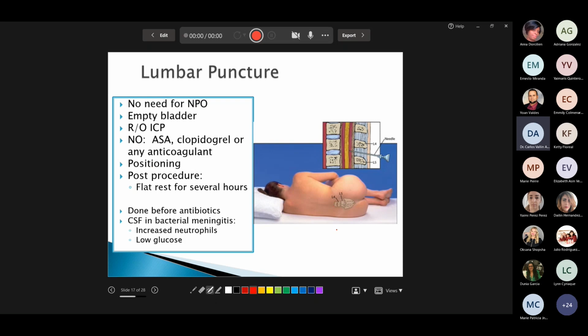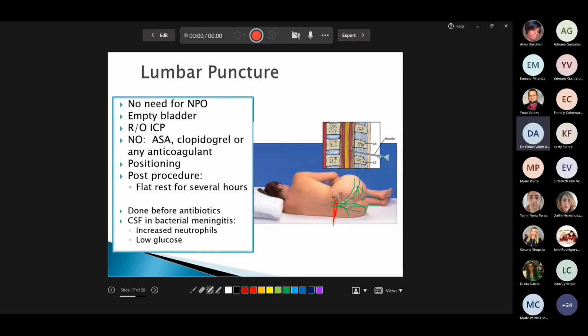A person that is going to have a lumbar tap for diagnosis, okay, is going to have a needle introduced in the lumbar spine to collect liquid that bathes this part of the medullary cavity that doesn't have bone marrow, but has all the nerves that are going to the lower part of the trunk, the pelvis, anus, genitals, bladder, and the lower extremities.